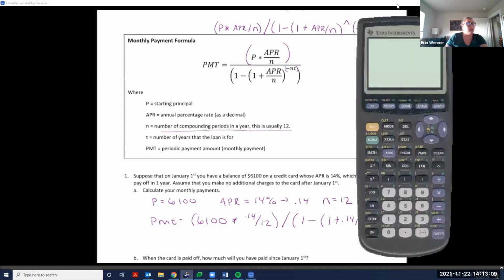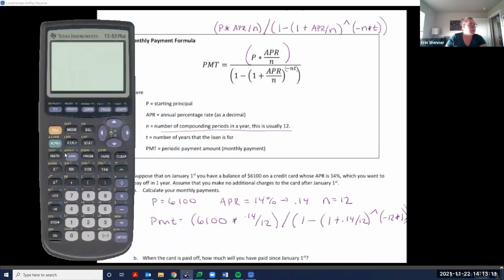So if we pull up our calculator again, let me switch it to the other side. We're going to enter this, making sure that we use our parenthesis. I want you to calculate this yourself to make sure you come up with the same answer.